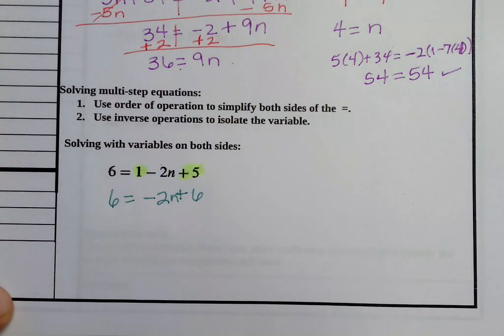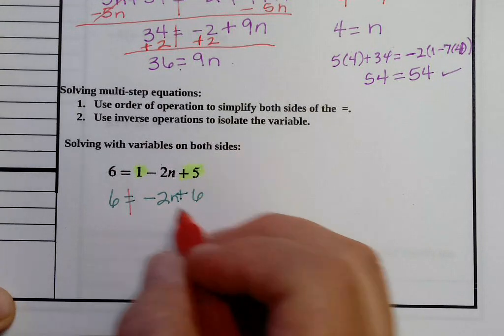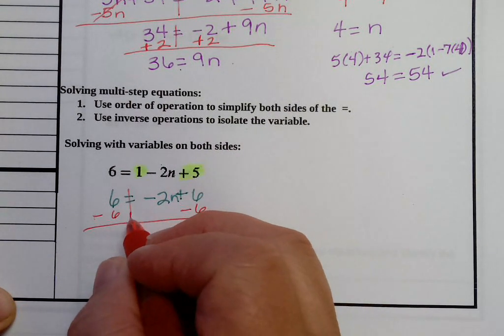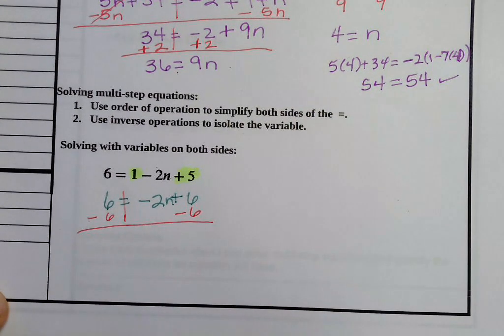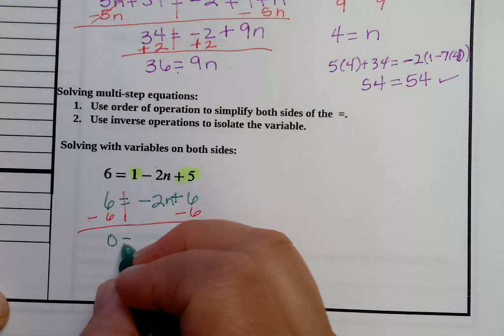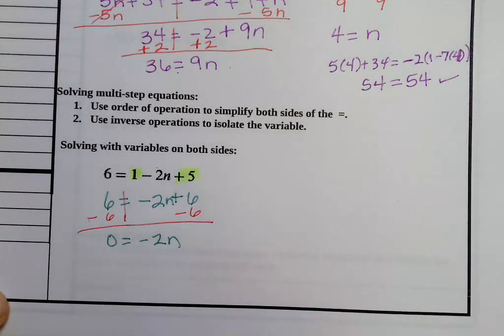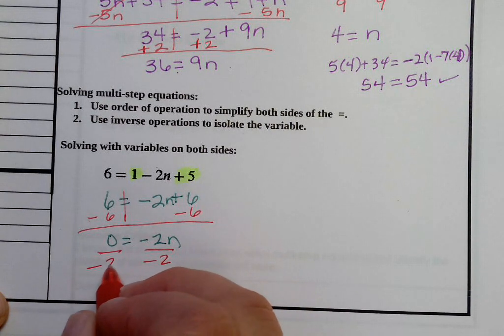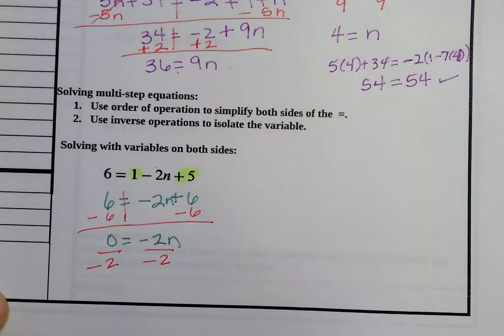Next step is to subtract 6 from both sides. And 0 is equal to negative 2n. Divide by negative 2. And n is equal to 0.